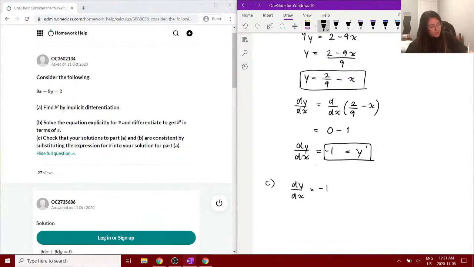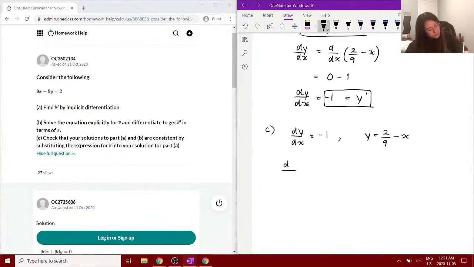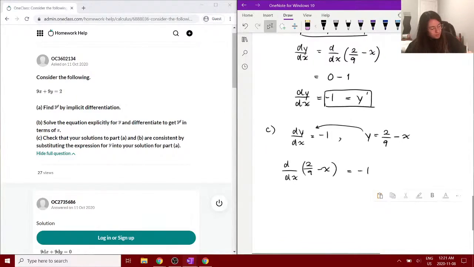And we also said that y is equal to 2 divided by 9 minus x. And so if we just sub the y in here, we can easily see that we'll get the exact same thing: minus 1.